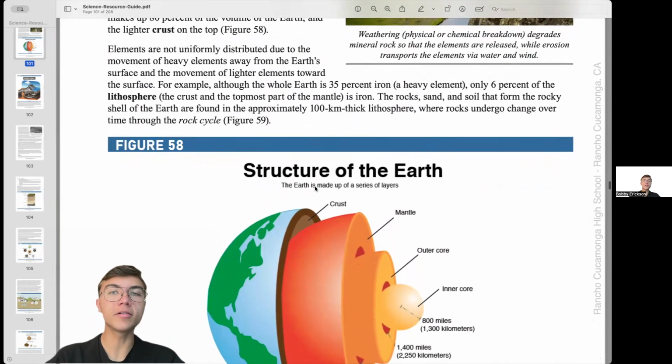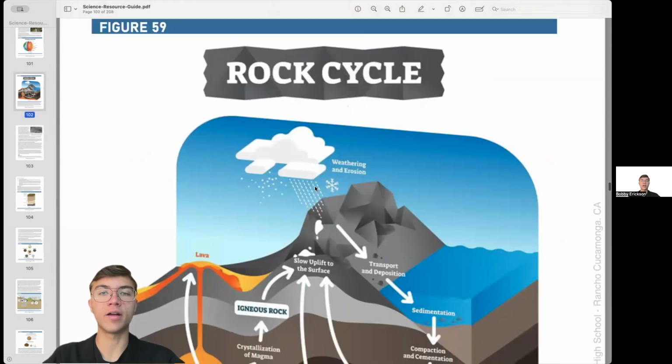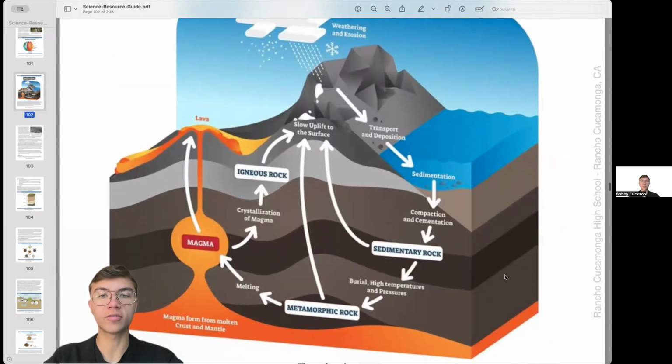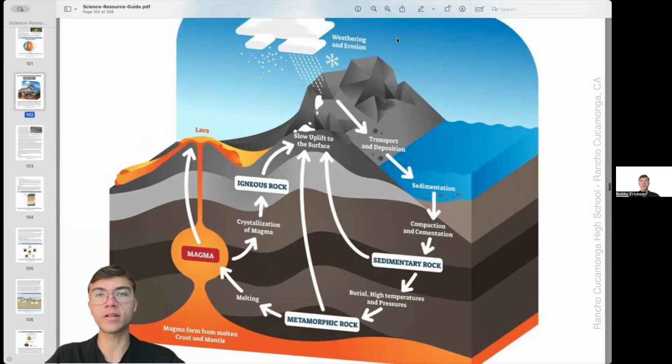Now, in the lithosphere, we have rocks that undergo what's known as the rock cycle. As you can see, there are parts of the crust up here, but then there's magma that comes from the crust and mantle, the very lower parts. So let's start up here with weathering and erosion, which happens from snow or rain and so forth.